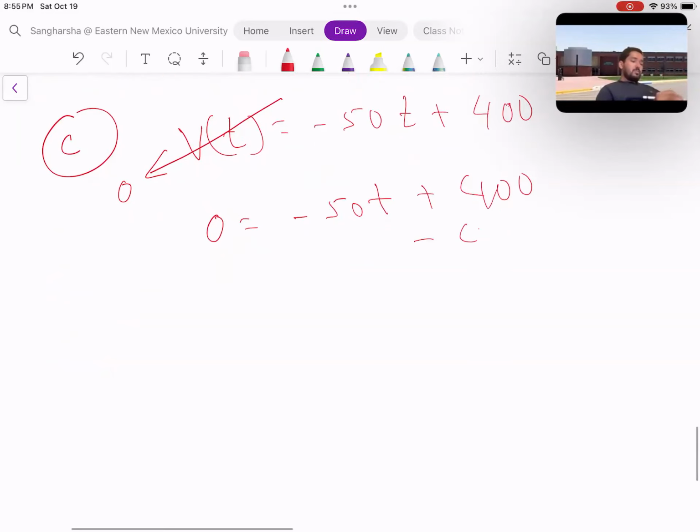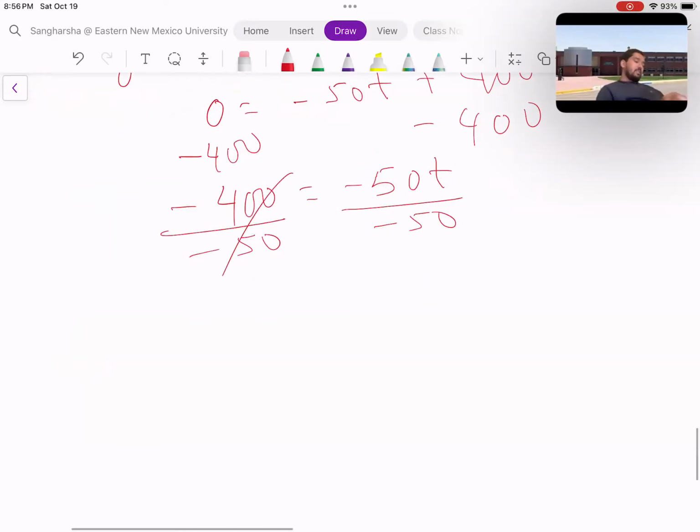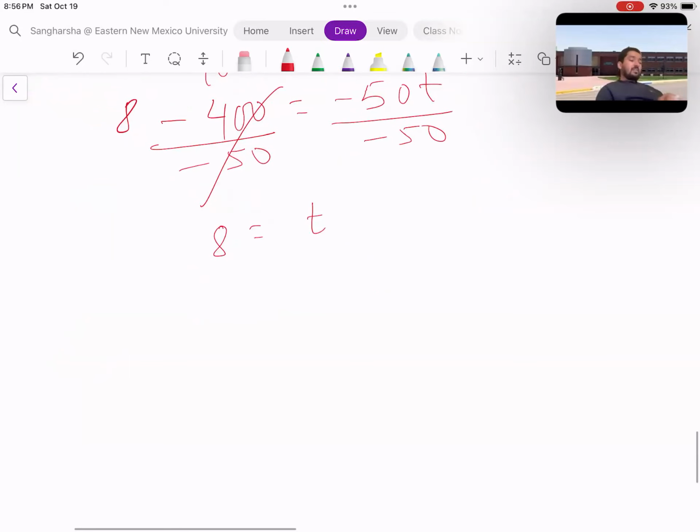So you subtract 400 on both sides. So you have negative 400 equals negative 50t. Divide both sides by negative 50. So 8 equals t. Now, after 8 years of purchase, its value is $0.